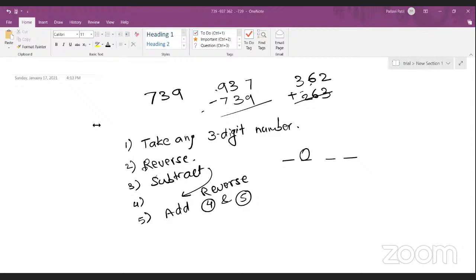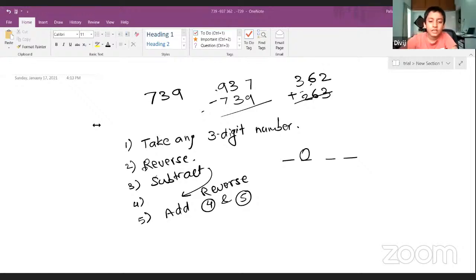Can you guess Divij's number, Swasti? Yes. Okay. Don't tell me the answer. Just tell me if your number is odd or not. Is it odd?